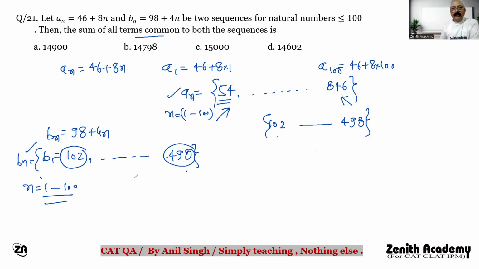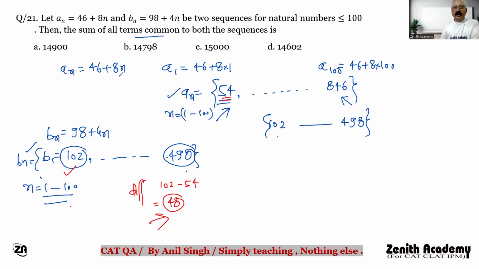See, here the first term is 102, and here the first term is 54. So if you see the difference between 54 and 102, 102 minus 54 is 48. This is the difference.